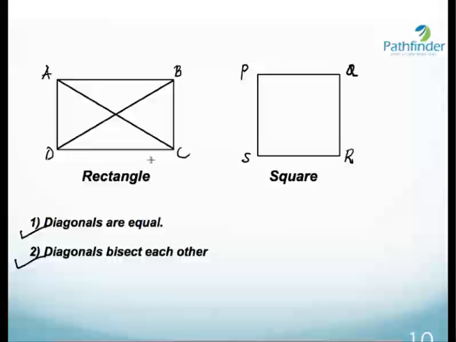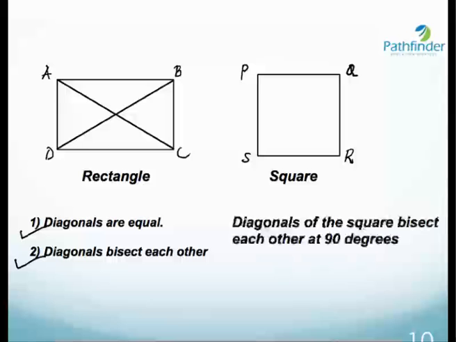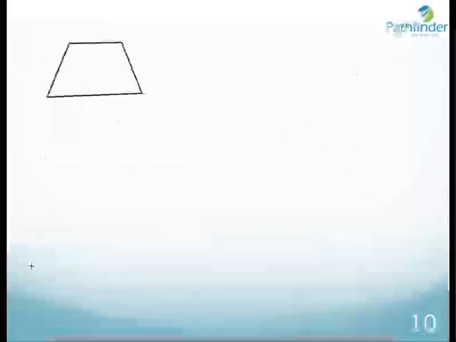Obviously, because rectangle is a special case of a parallelogram, the diagonals must bisect each other. And both these properties, in fact, are also true for a square. One additional property for a square is that diagonals of a square bisect each other at 90 degrees. So apart from the first two properties which apply to both rectangle and square, the third property only applies to a square.